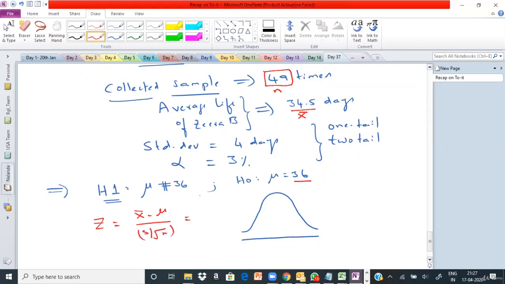So x bar is 34.5 minus 36, which is my mu, divided by my standard deviation of 4 days, 4 over square root of 49. Can anyone tell me the value of this?